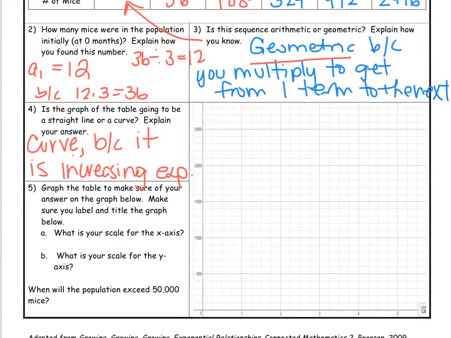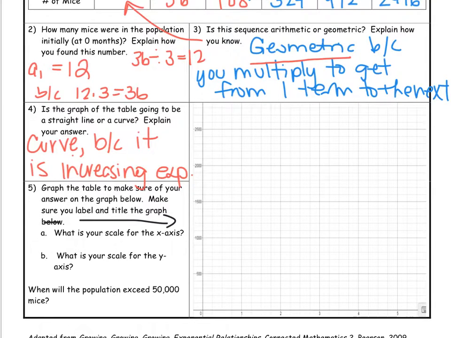So we're going to graph the table to check your answer. We're going to graph that table here on the graph to the right. Make sure you label and title the graph. So the graph is not below, the graph is to the right.